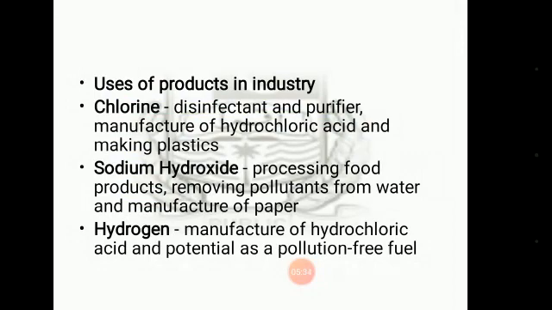Sodium hydroxide is used in processing of food products, removal of pollutants from water, and manufacture of paper. Hydrogen is used in the manufacture of hydrochloric acid and as a potential pollution-free fuel.